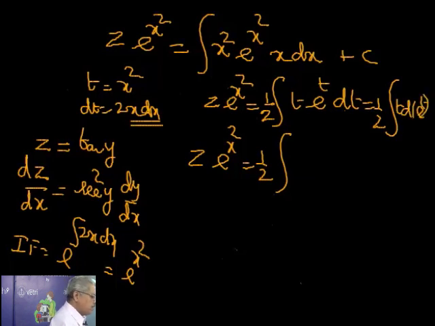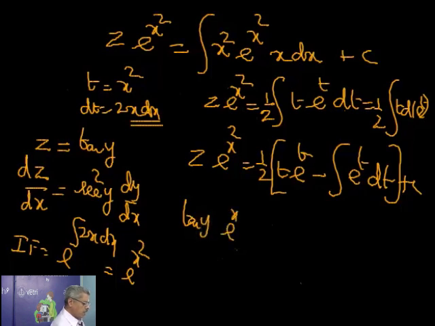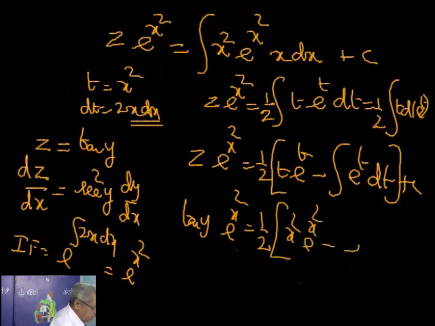Integrating by parts, uv, that is t e power t minus integral e power t d of t, that is 1 dt. That is, z is tan y, e power x square is half of, t is x square, e power t, integrating e power t you get e power t, that is e power x square, plus c.